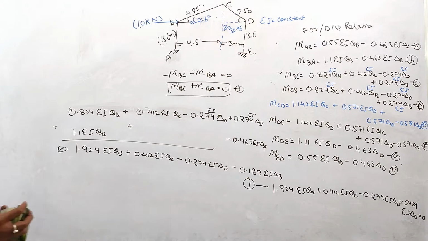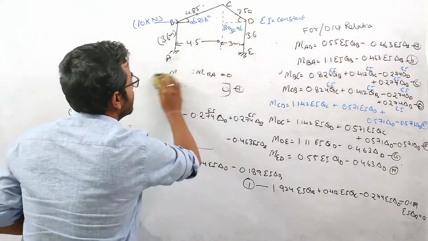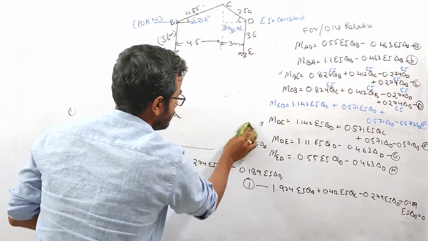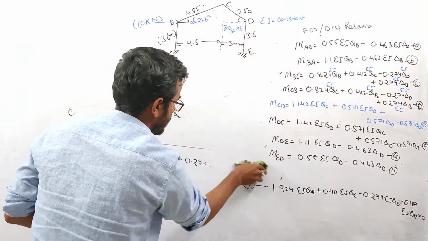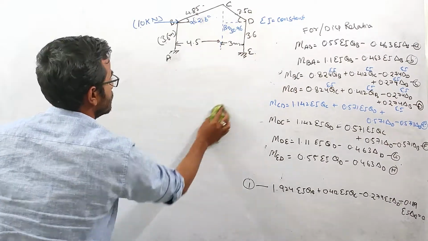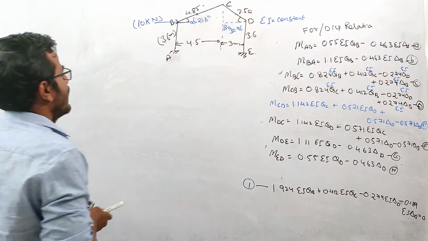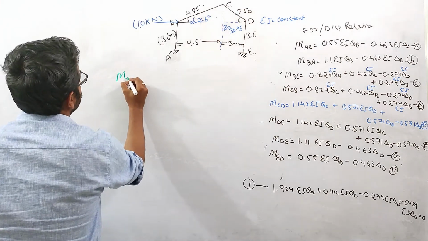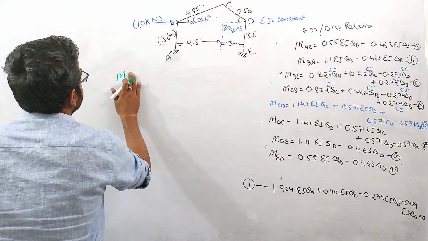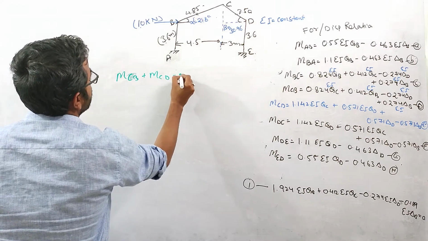So similarly, we'll write the moment equilibrium for the joint C. I can write MCB plus MCD equals to 0.